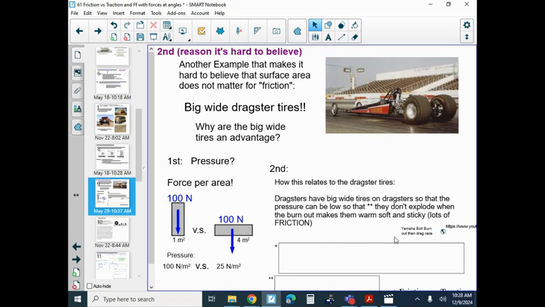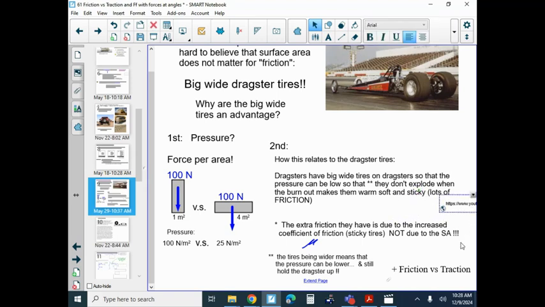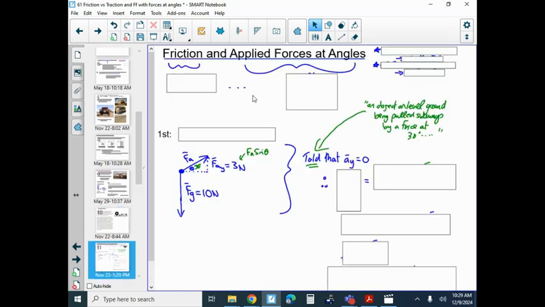So how it relates to dragster tires is they're able to do the big burnout and get the tires all hot and sticky and really soft, and they need the pressure to be low so that they don't explode, right? Being so soft. So that is the information that pertains to this.